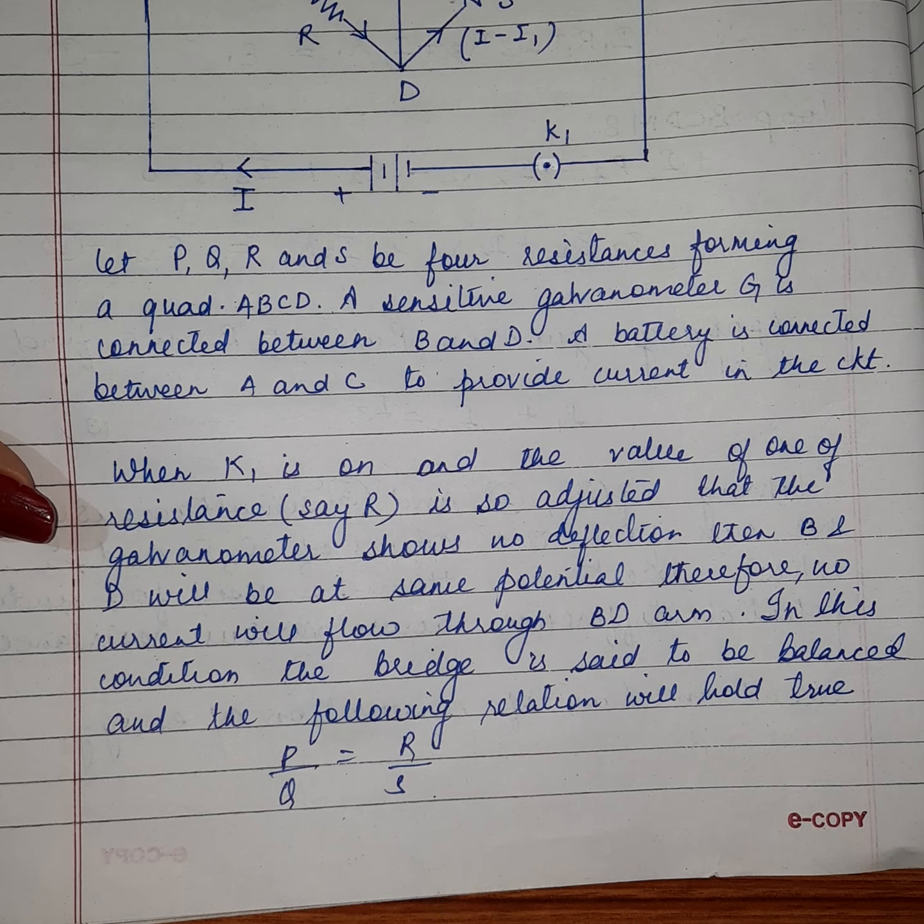Next is the condition of balance of the Wheatstone bridge. This can be derived by applying Kirchhoff's rule to the closed loops A, B, D, A and B, C, D, B of the circuit.